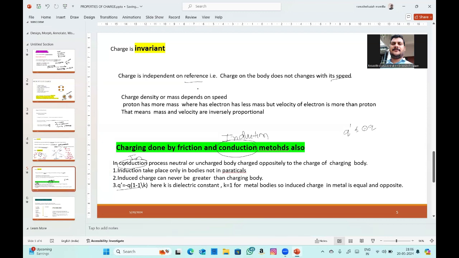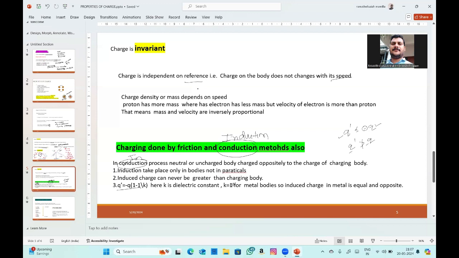Either equal or less, it is never greater than Q. Q is the initial charge and Q dash is the induced charge. For metals, K is infinity. So if you substitute K as infinity, you will get Q dash equal to minus Q. That means the charge is opposite to the charging body. So this is the induction process.